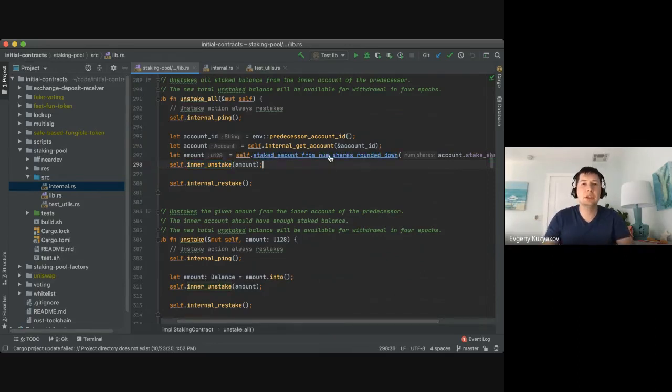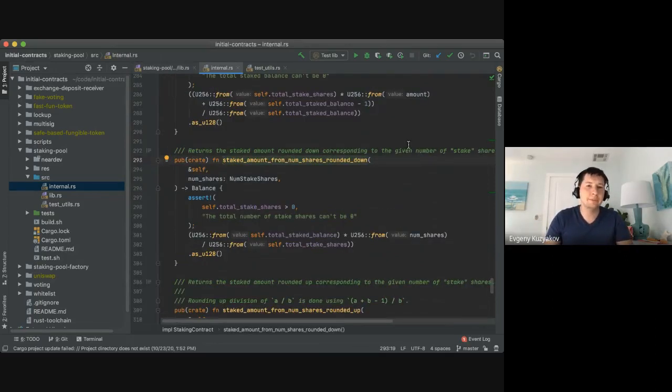So this logic is the following. It uses U256 because balances operate on U128, and to avoid overflow, we do the following. We multiply the balance by the number of shares. So basically this is the price, divided, and rounding down.